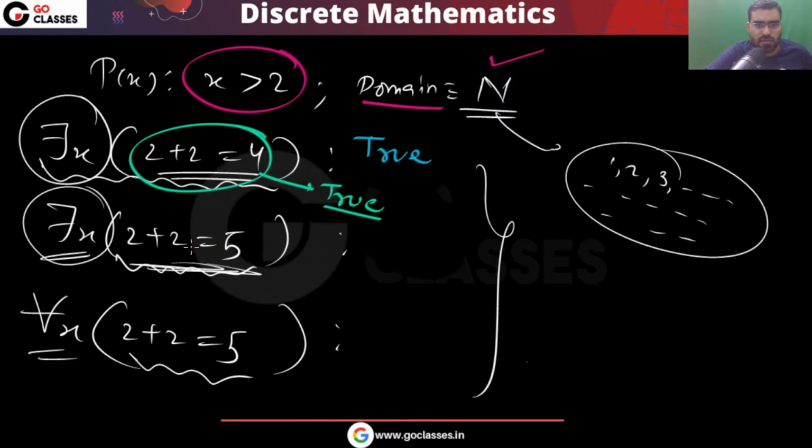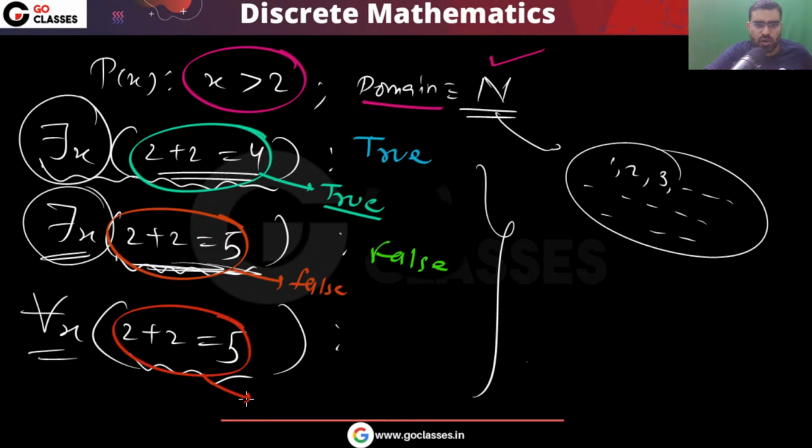Similarly, what about this one? This is false. For everyone this is false. So again you can notice your answer is going to be false for the existential quantifier also. And similarly you can notice this is false. So again for this universal quantifier also the answer will be false. Can you notice one thing?